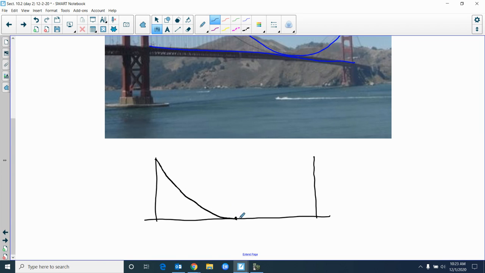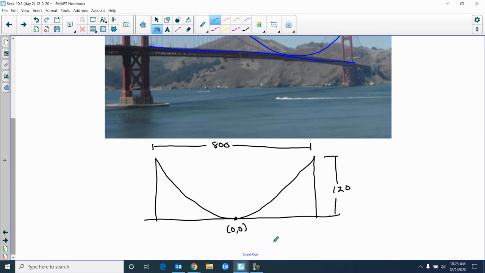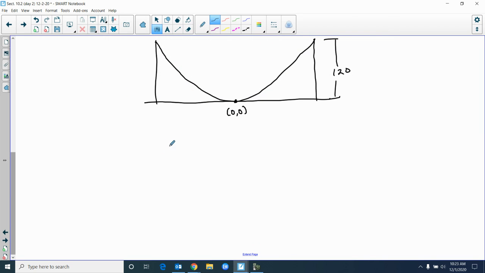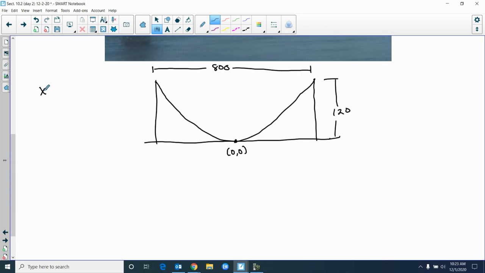So this is the wire. The towers are 800 feet apart and 120 feet high. Well, if I make this (0, 0), that's going to give me the easiest form of the equation, which, since it opens up, is going to be the form x squared equals 4ay.